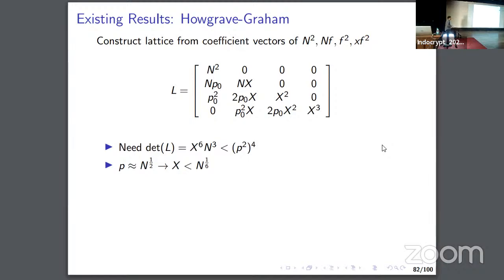Now, if you calculate, and since I already told you that in RSA both primes should be more or less the same size, you can approximate this P by N to the power half. Of course, there must be some constant, some 2 or 3, not more than that. So if you plug all these things in, you will get X should be less than N to the power 1/6.